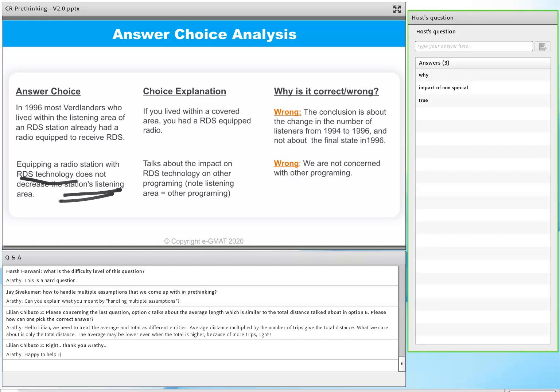Let me draw a parallel for you. Cell phones. This is very similar to cell phones. If you need 5G to be able to broadcast movies in real time, and you equip a broadcasting tower with 5G technology, which in turn reduces its range, can you really say that, because of adding 5G technology to that tower, I reduced the number of movies that were being broadcasted?